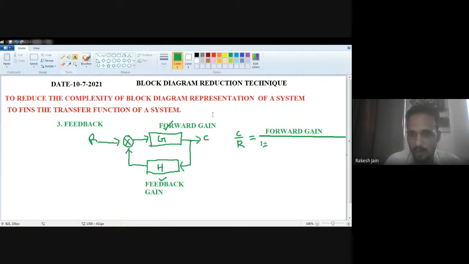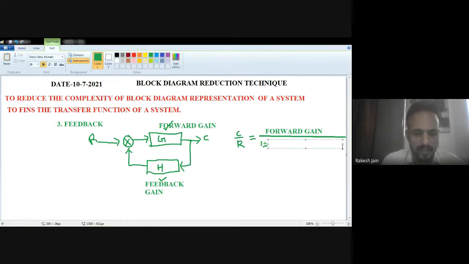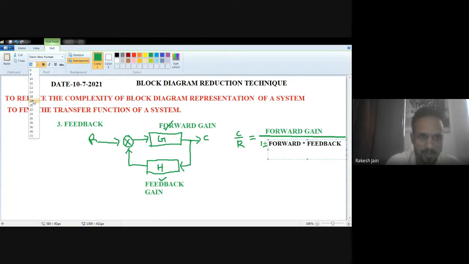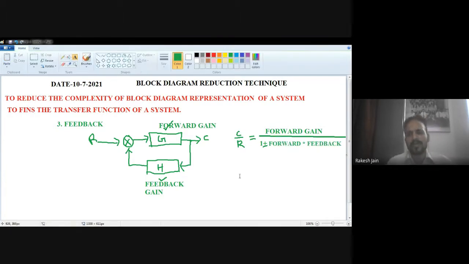The sign depends on the sign of the feedback path in the summing junction.